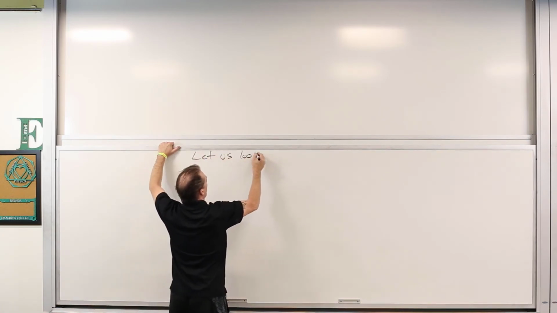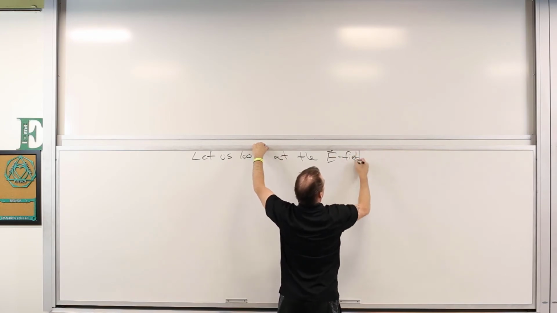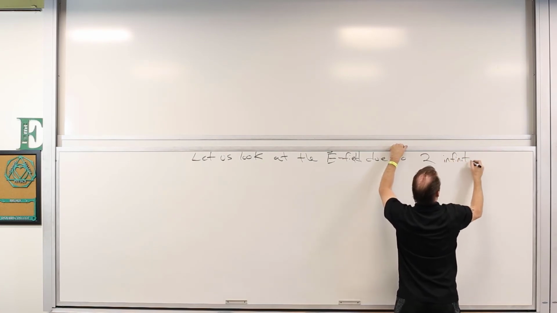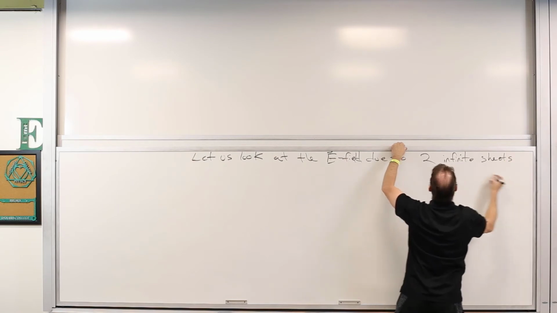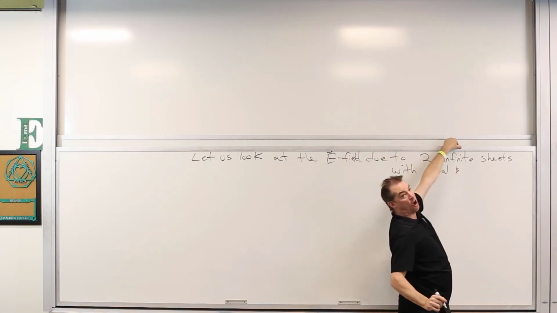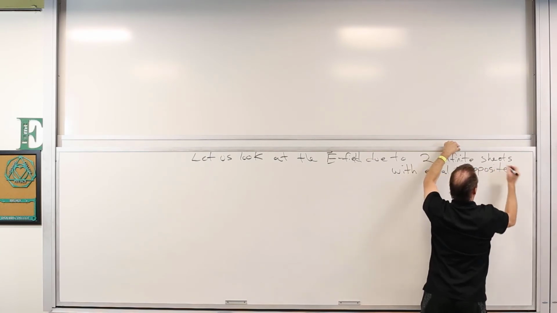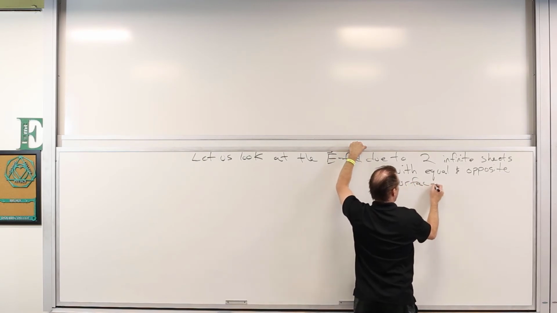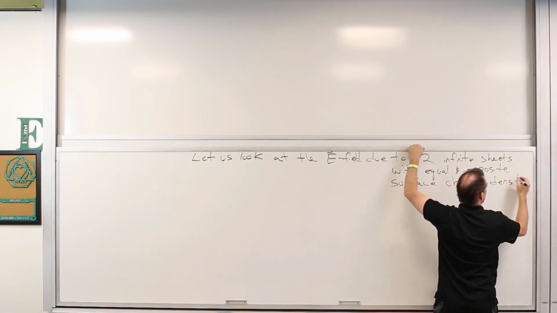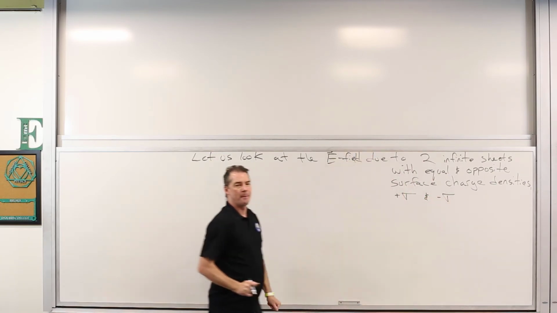Let us look at the electric field due to 2 infinite sheets with equal and opposite surface charge densities. Plus sigma and minus sigma.